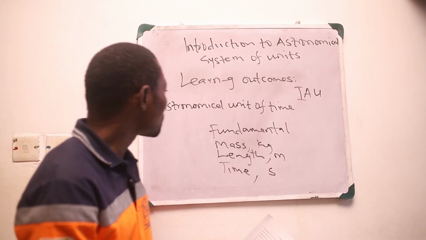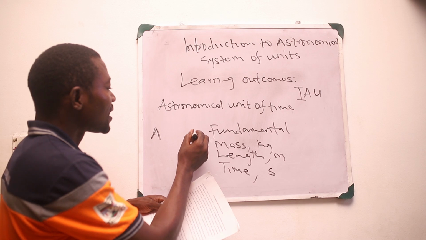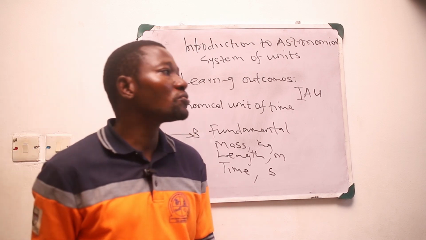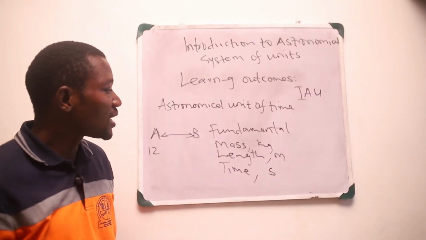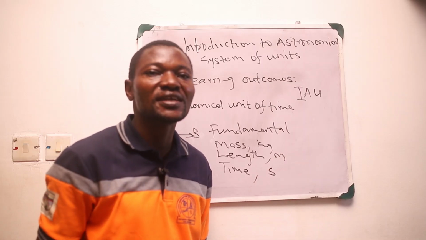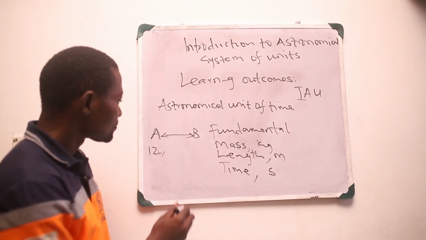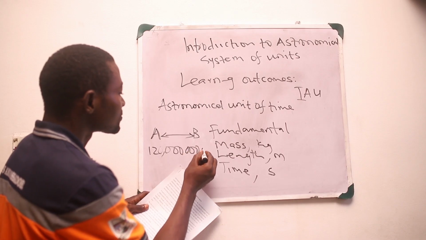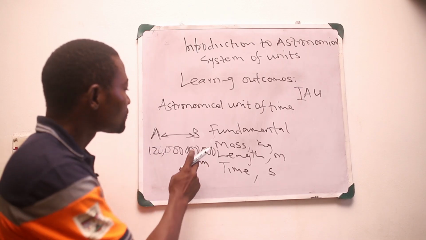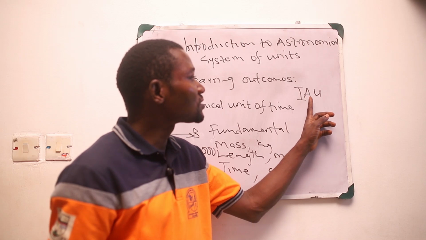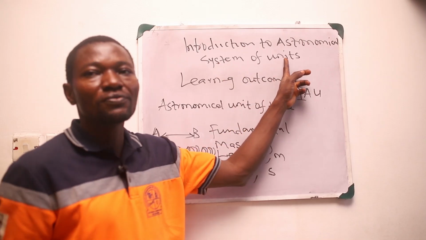For instance, because of the distance between two celestial objects, let's say star A and another star B, the distance may be too far, such that if we are to express it using our normal units that we use in a terrestrial environment, like the meter, the kilometer, then we can have a value up to this, which may be too cumbersome. So because of this, the International Astronomical Union came up with what we call astronomical system of units.